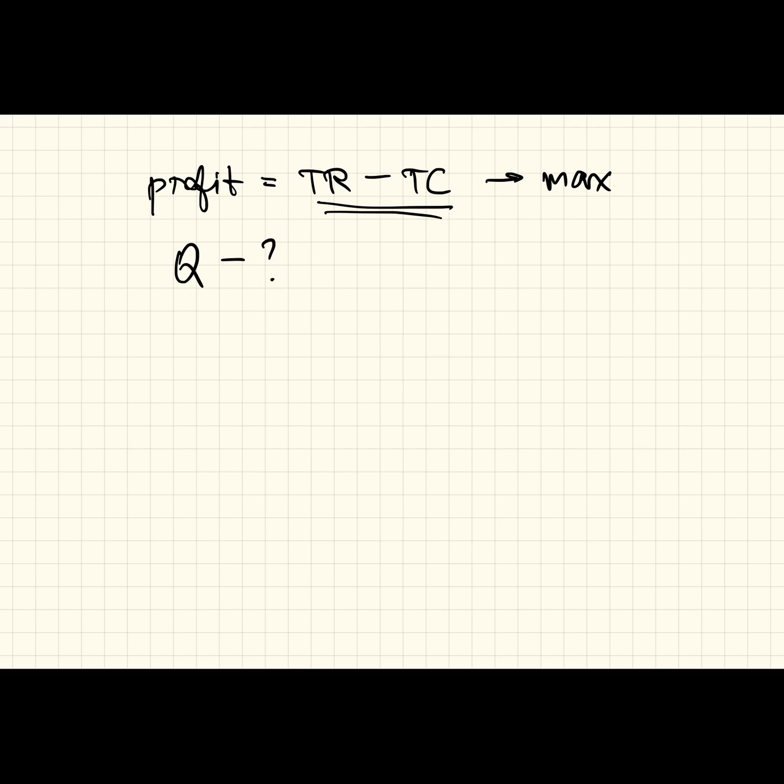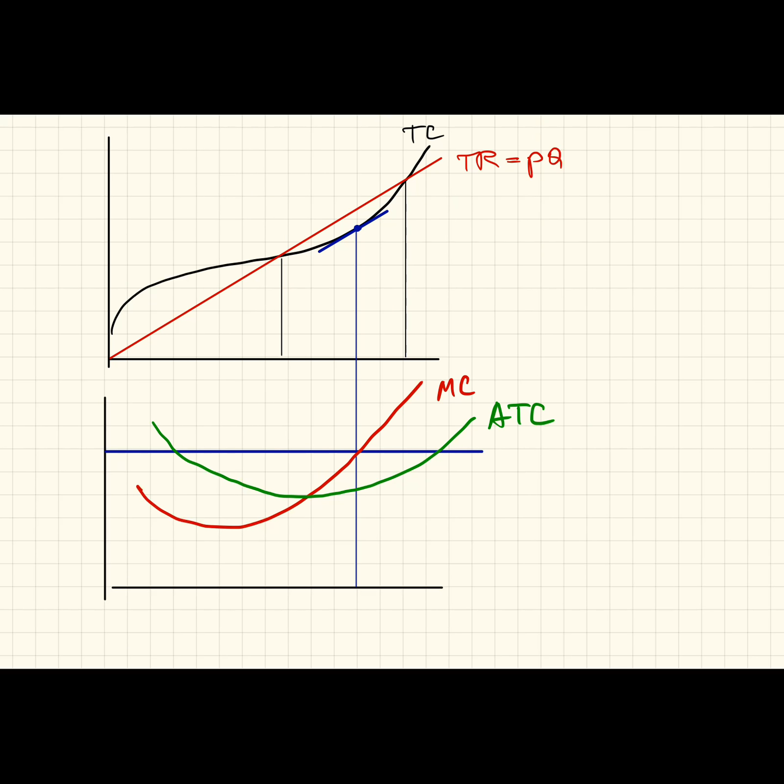Okay, so now let's go to that pre-made slide and figure out how things work out here. So to figure out what Q you should get, you can look at two graphs, and the one above might be a little bit more intuitive, but eventually we need to understand how this lower diagram works.